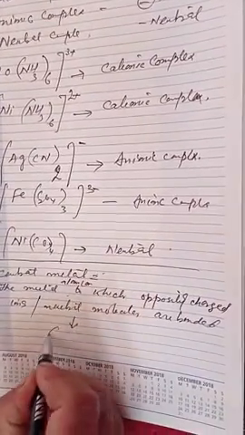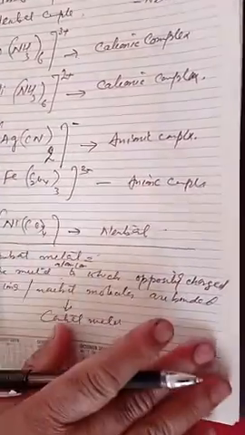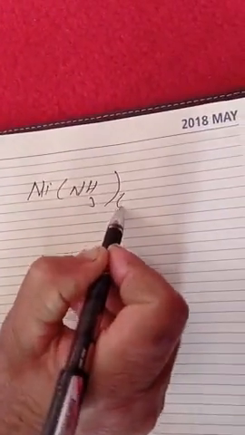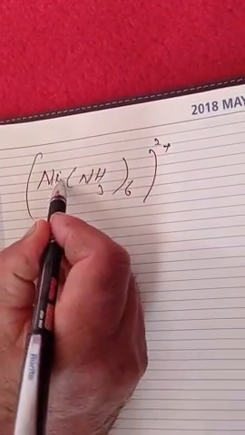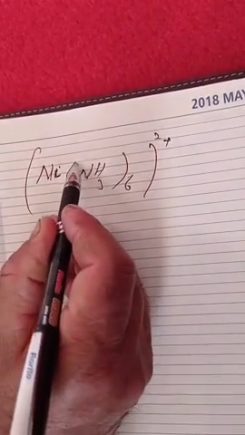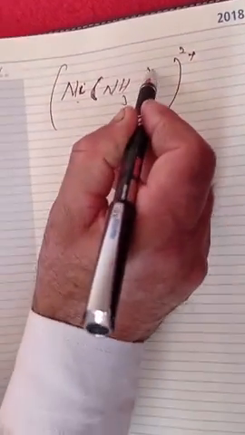It is called the central metal atom. I will show by an example. I will write here [Ni(NH3)6]2+. It is a cationic complex, dipositive. So nickel is the central metal atom.